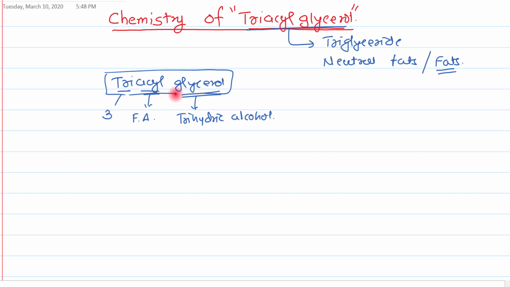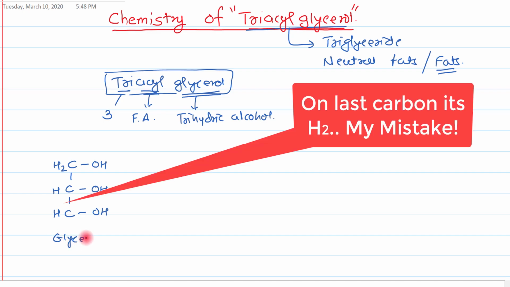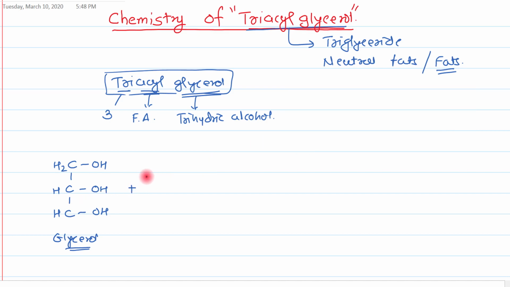So let's try to understand the structure of triacylglycerol. First, we know that glycerol is a 3 carbon long compound and it has 3 alcohol groups, that is OH groups. The remaining positions we fill with hydrogen. So this is glycerol. Now it binds with 3 fatty acids.